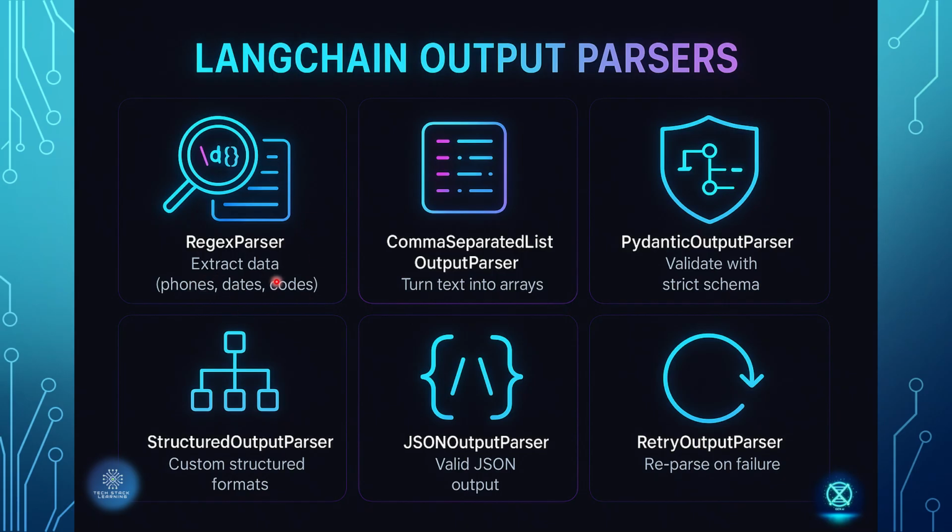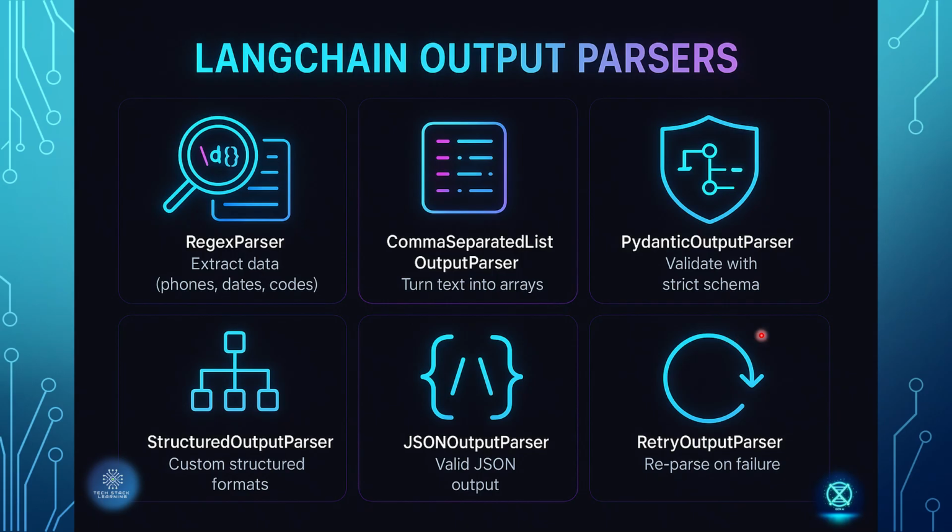That is what the RegexParser is used for. Then comes the comma-separated list output parser, which converts output into a list of items separated by commas. An example would be fruits like apple, banana, orange into an array format.